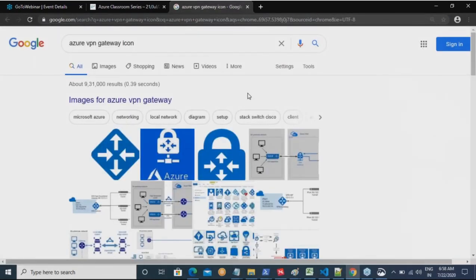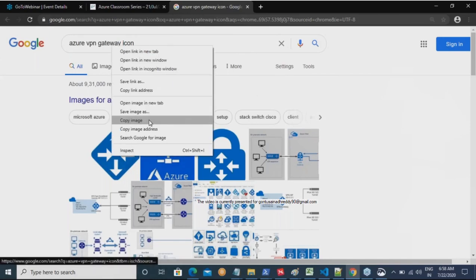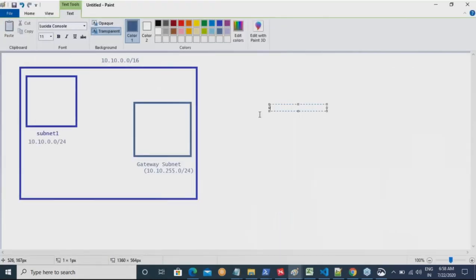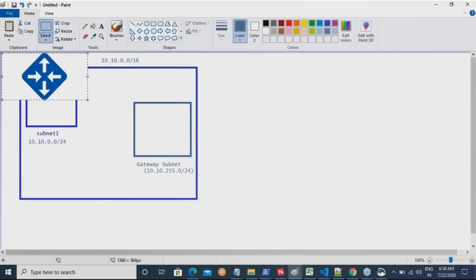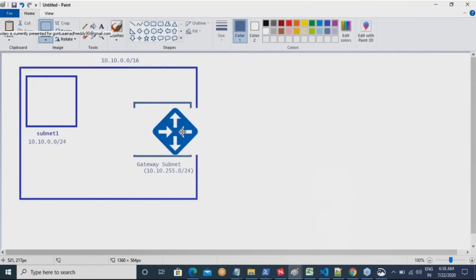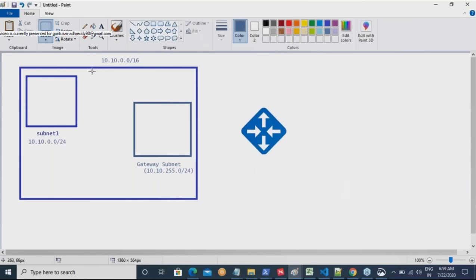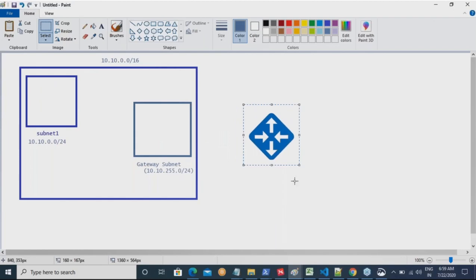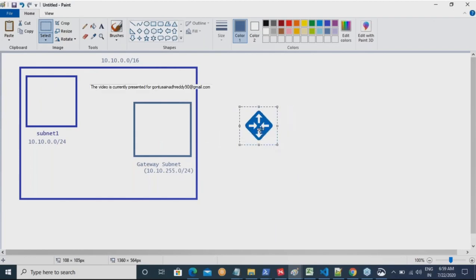Okay. So I think this is okay. All right. I have to make it still smaller. Right. A VPN gateway.